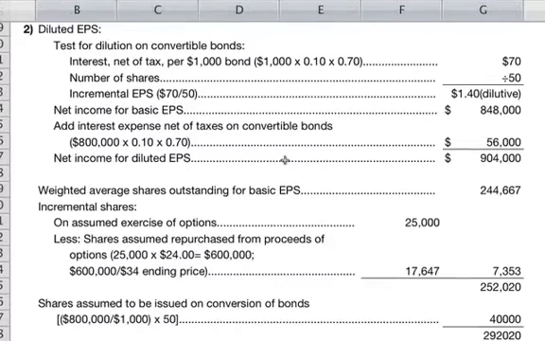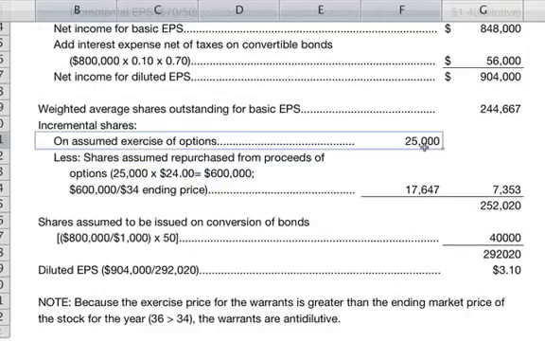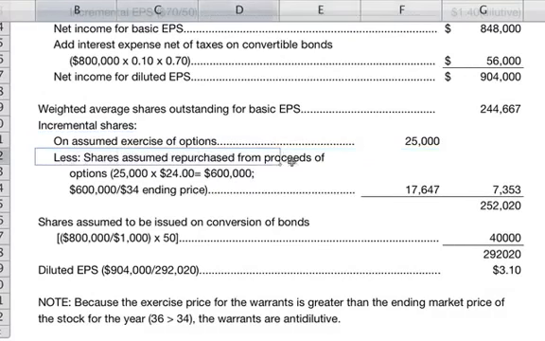So with that information, on the assumed exercise of options for 25,000 shares, you subtract the repurchase. You assume that the shares would be repurchased from the proceeds of the options.